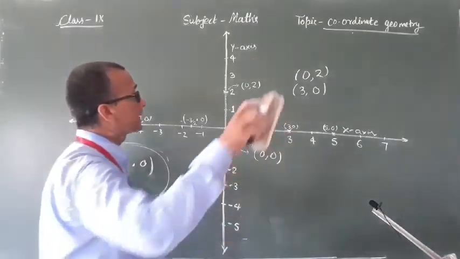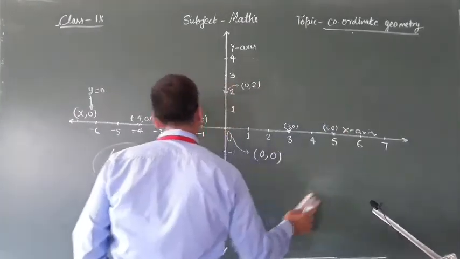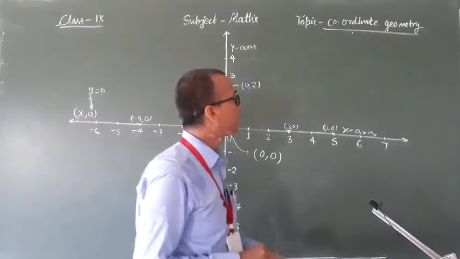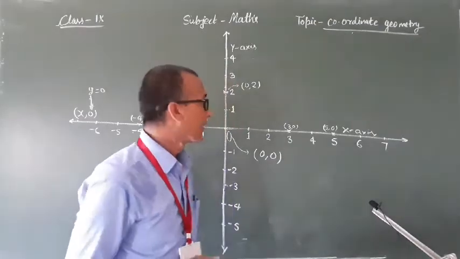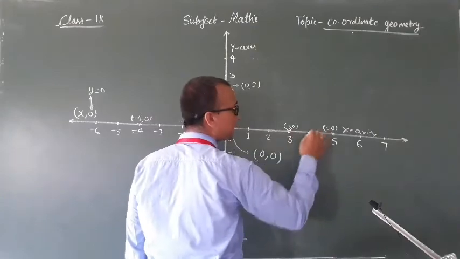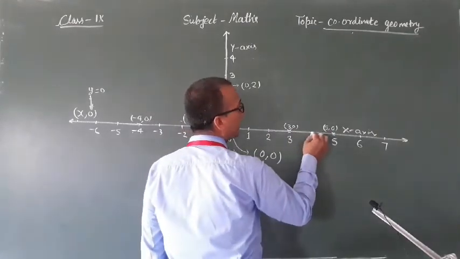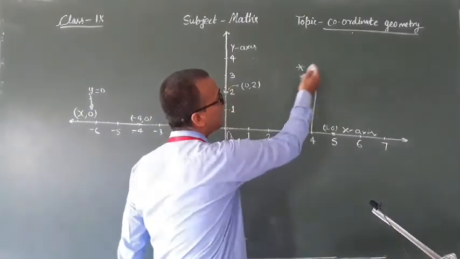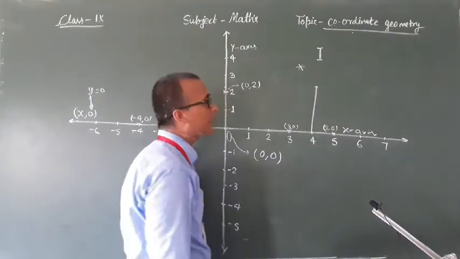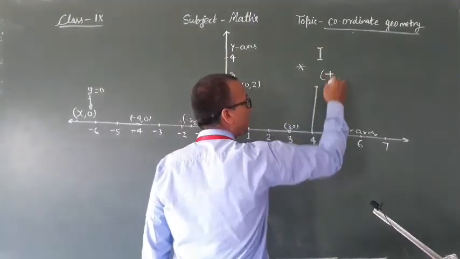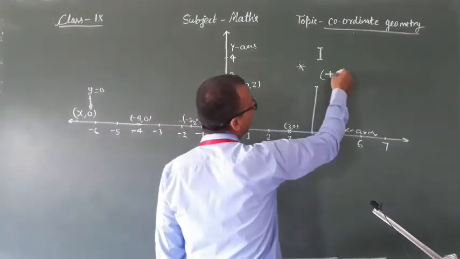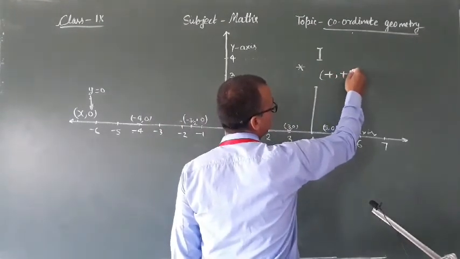Let us discuss what the notation of the points in the first quadrant will be. Suppose we are going in the positive direction on the x-axis and upward, then we come into the first quadrant. It means for all the points of the first quadrant, the value of the x-axis will be positive and the value of the y-axis will be positive.